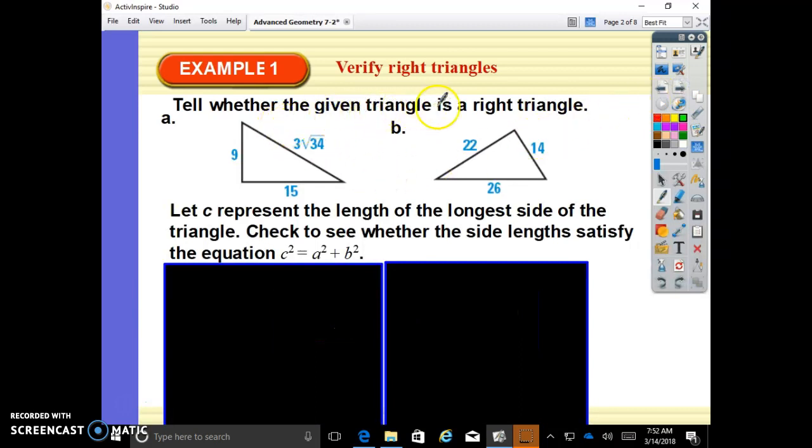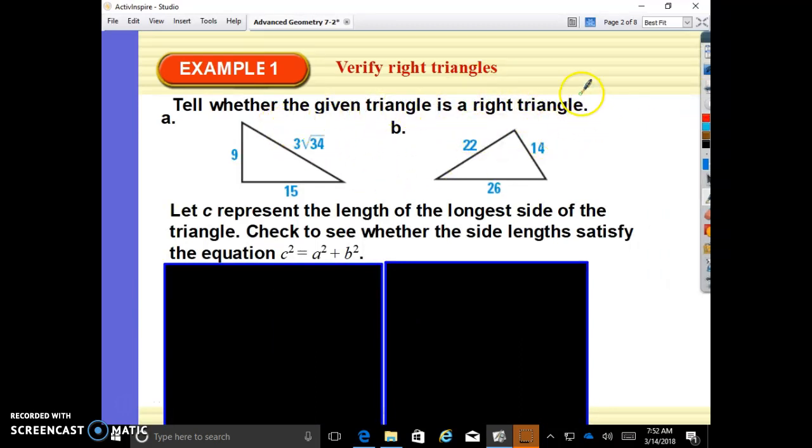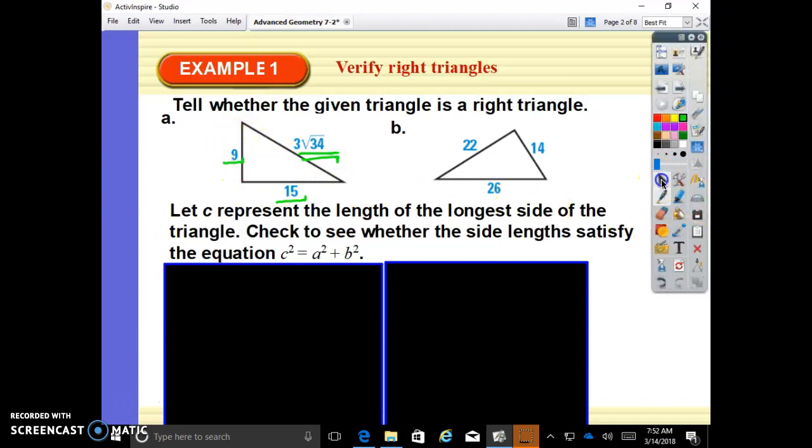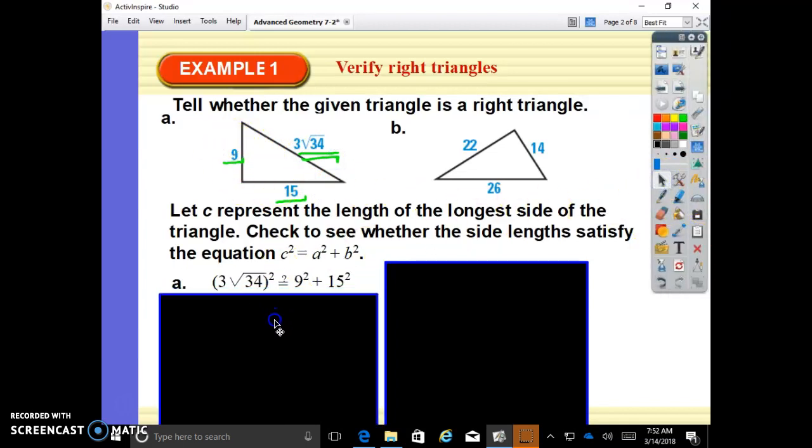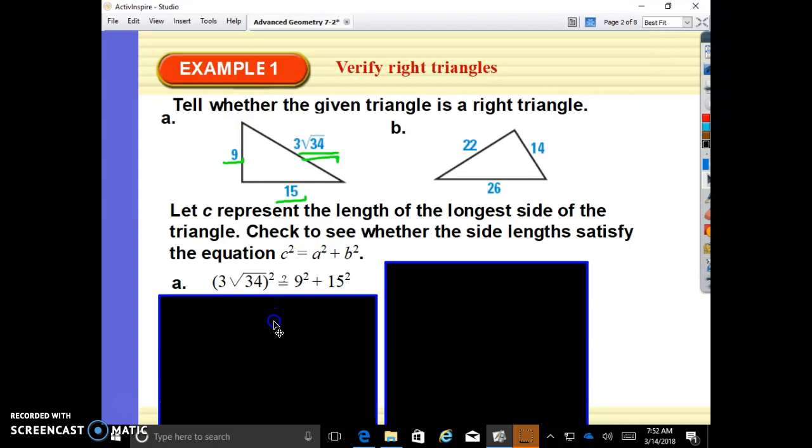So tell whether the given triangle is a right triangle. So we're doing the converse. We're trying to prove that it's a right triangle instead of starting with the fact that it's a right triangle. So what do we need to do? We need to see if this squared plus this squared equals that squared. So 9 squared is 81. 15 squared is 225.